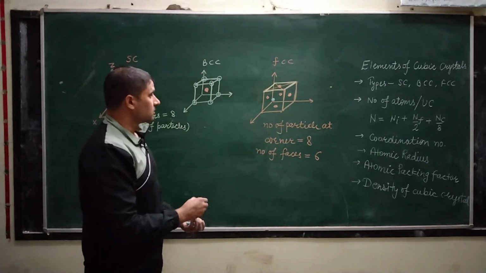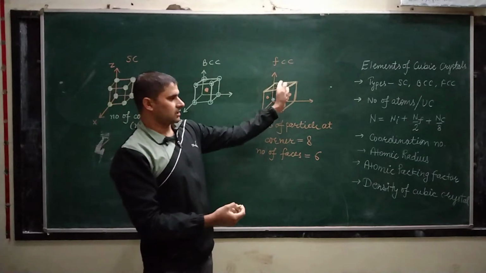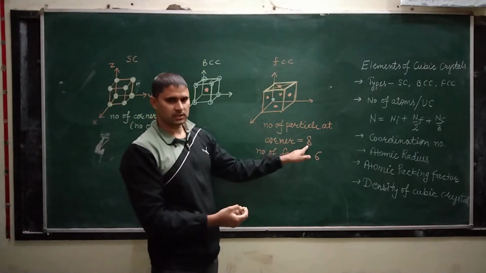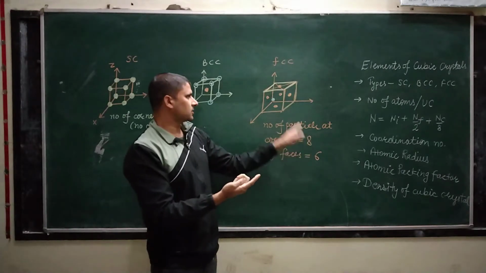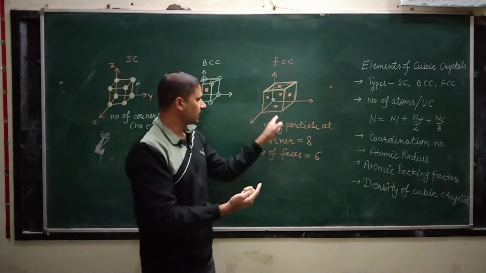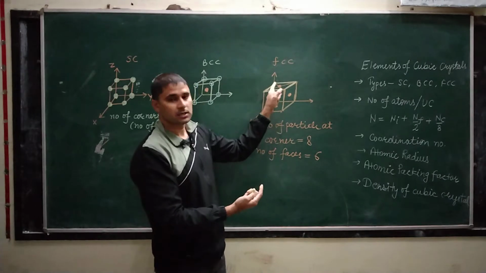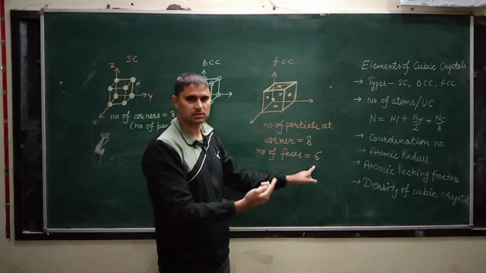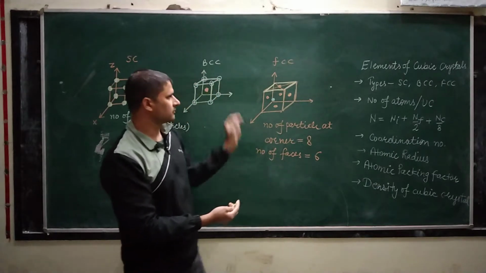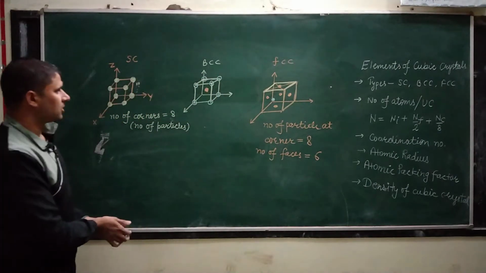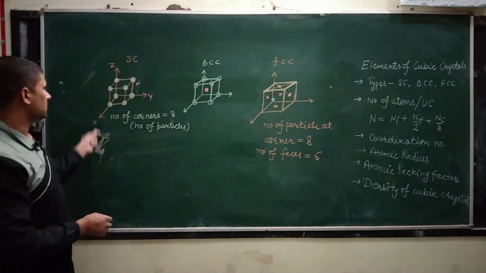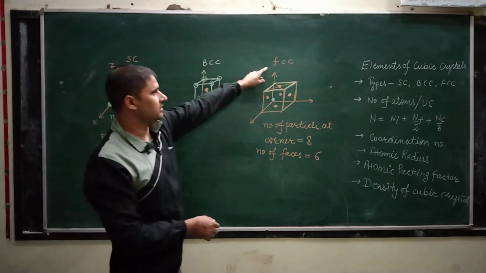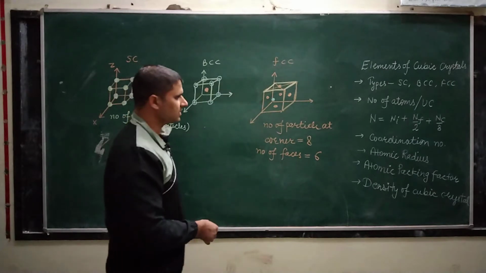And one particle is present at each corner. So 8 corners are there, and the number of particles at the corners is 8. And the number of particles present at the faces is equal to the number of faces, that is 6. So this is how you can see where the particles are present in simple cubic, BCC and FCC.